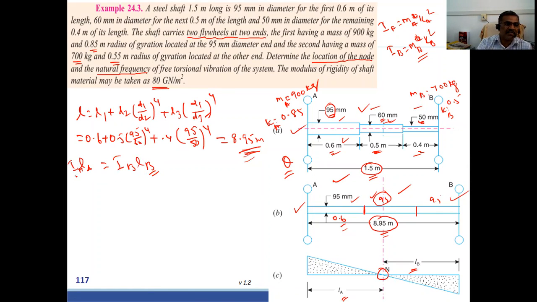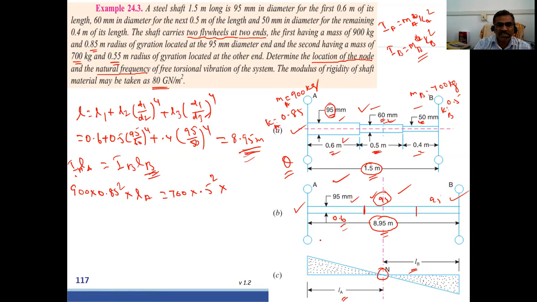Here what is IA? IA is equal to mass 900 into k square, 0.85 square, into LA. That is equal to IB, that is 700 into 0.5 square into LB. LB you can write like this.